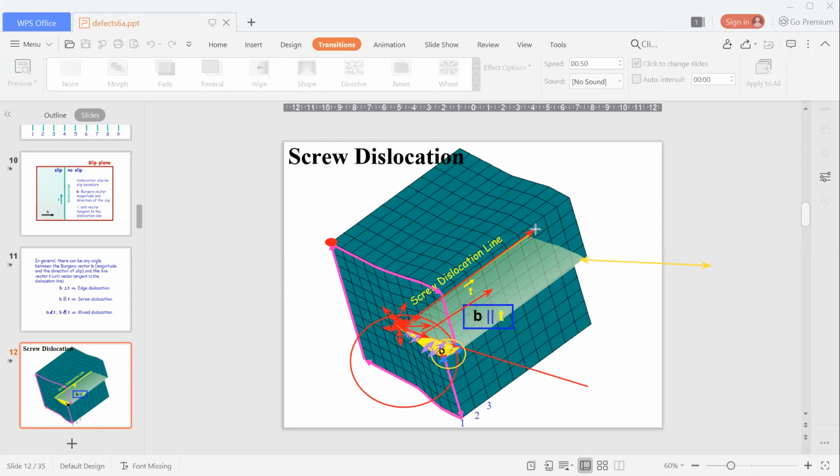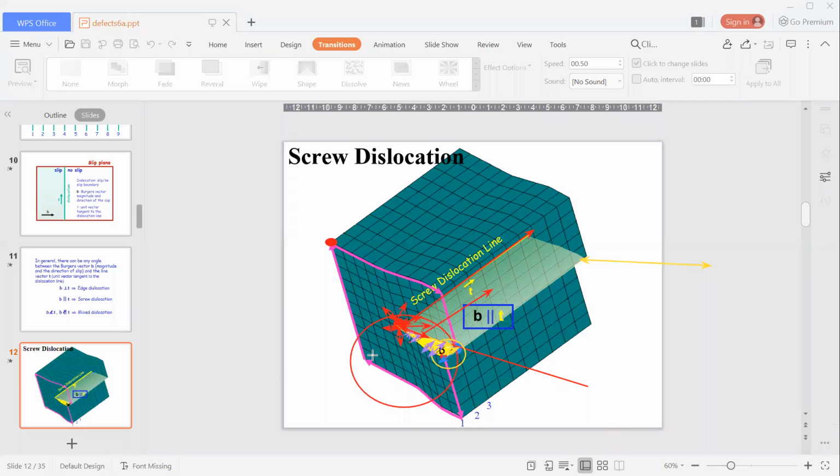So your atomic arrangement is modified in a way that they appear to be sitting on the periphery of a spiral. The spiral appears as a screw, and because of which we refer to this particular direction as the screw dislocation.